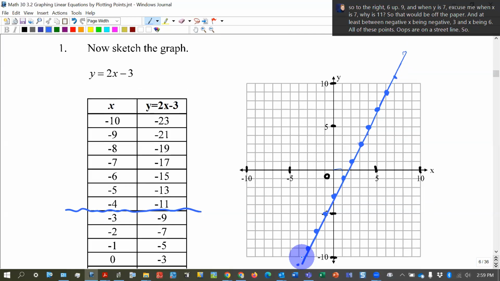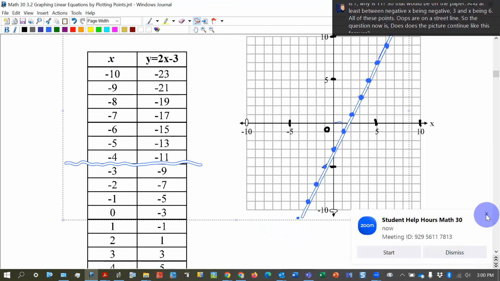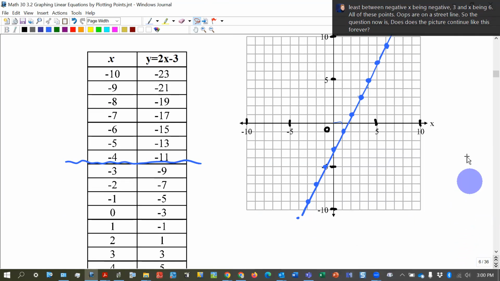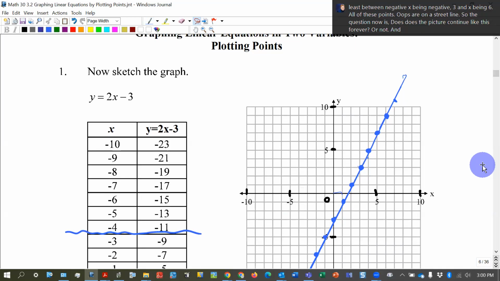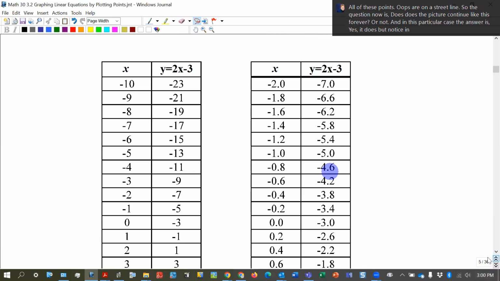So the question now is, does the picture continue like this forever? Or not? And in this particular case, the answer is yes, it does.